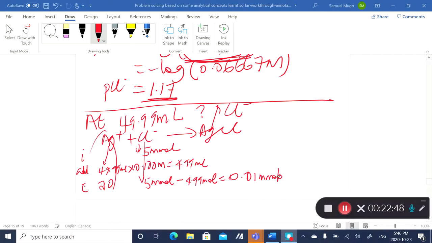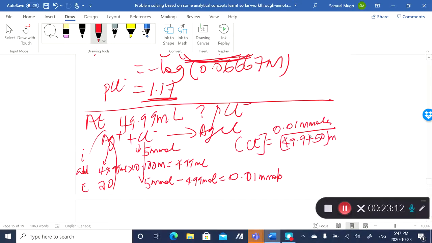millimoles, right? And so the chloride that is remaining is equal to the 0.01 millimoles divided by the total volume. And the total volume, you can see I've added from the titrant 49, and initially I had 50, and that's the number of ml.